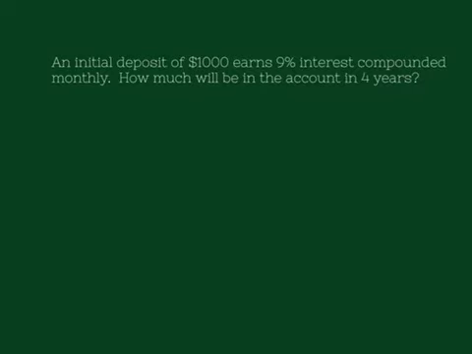So we have an initial deposit of $1,000, so that's the principal. P is 1,000. It's earning 9% interest. So remember, we have to change that 9% into a decimal. So what we can do is divide it by 100, and that would give us 0.09.